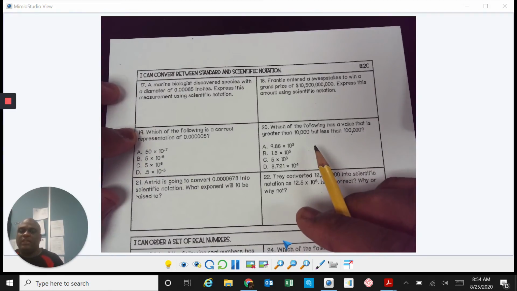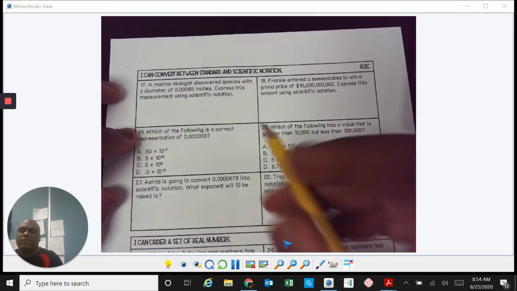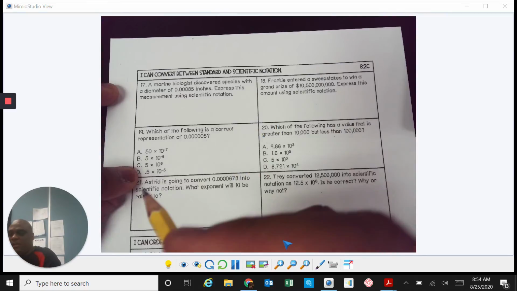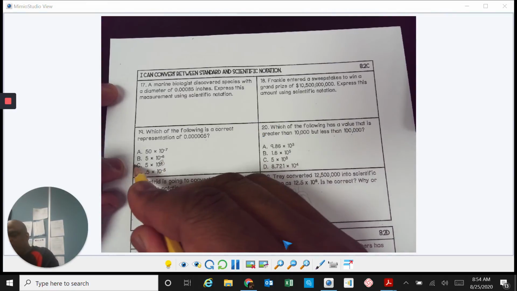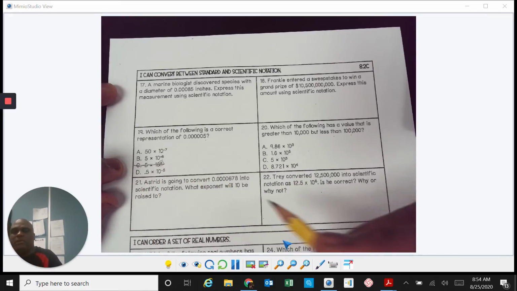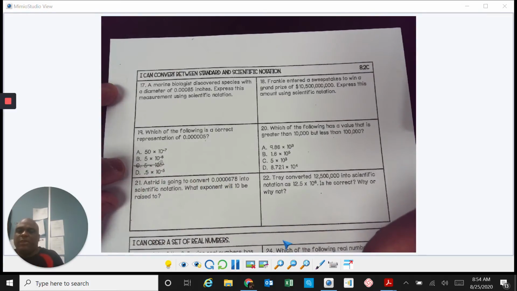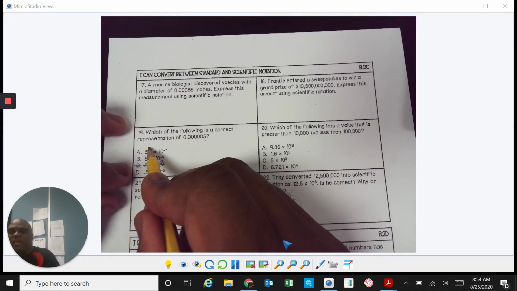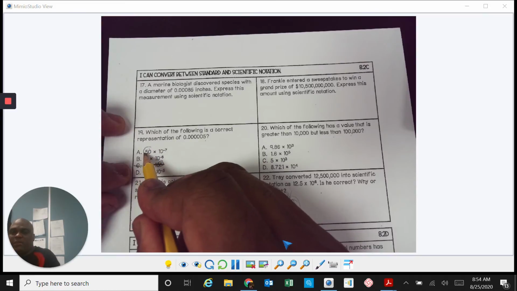All right, so if I look at this, I'm going to evaluate these numbers. This is a very small number. So if I look at my answers, I know this one cannot be my answer, because that's a positive exponent. Now if I look at the other one, this cannot be my answer, because that number is 50.